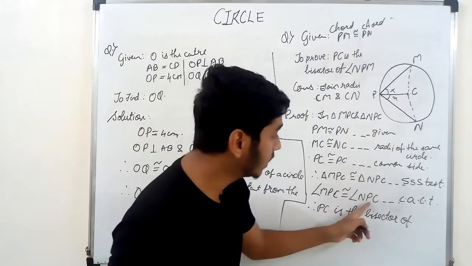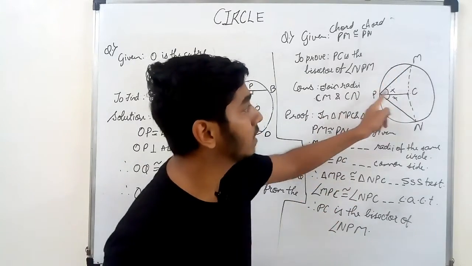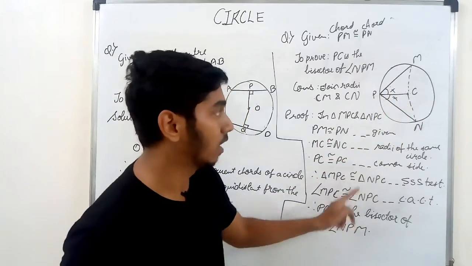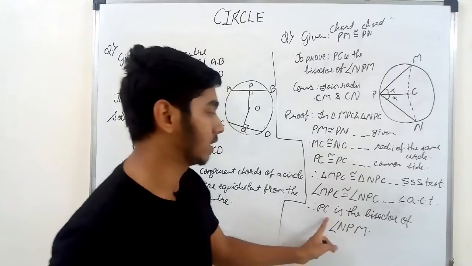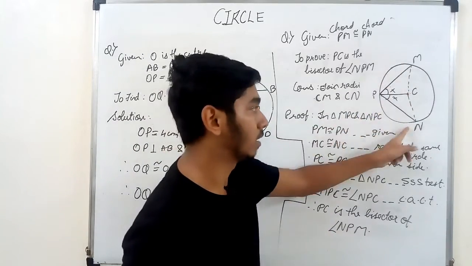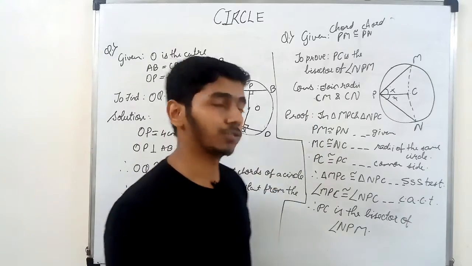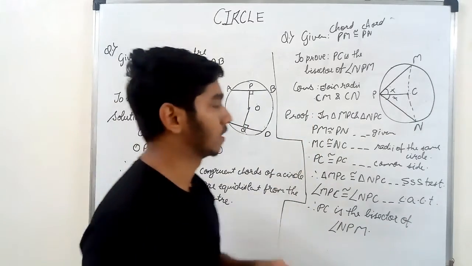We are proving that MPC and NPC are both equal. If these two angles are equal, that means PC is the bisector of angle NPM. I hope you have understood this. It was an easy proof, an easy sum.